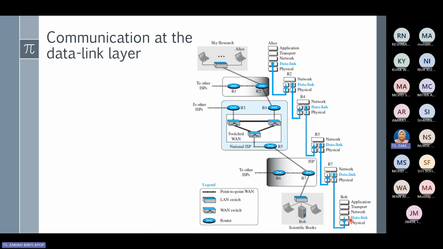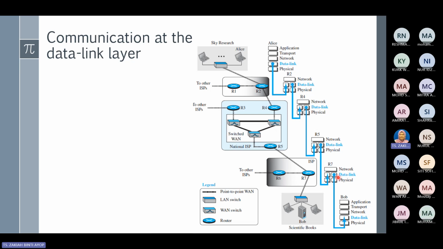So in this case, on the data link, it would determine where is the next device that they need to hop into. Because Bob is in a company that has the switch that is connected to the ISP, the next destination should be R7. So inside the data link should contain the MAC address of the R7.